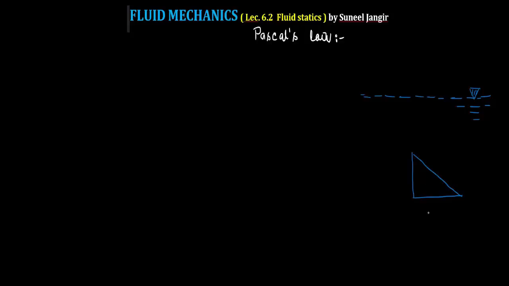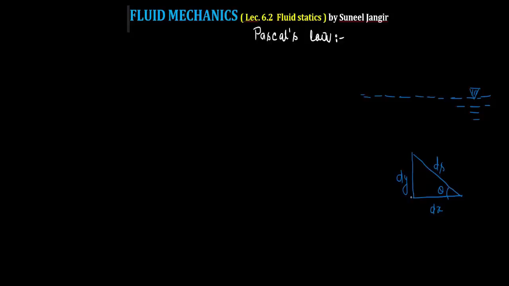Let this distance be dx, that is along the x-axis. This one is dy. This is ds, and let this angle be theta. This is the fluid element of dimensions dx, dy, and ds, at an angle theta.